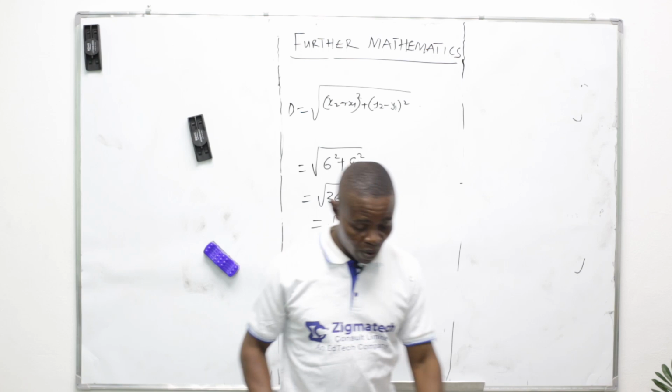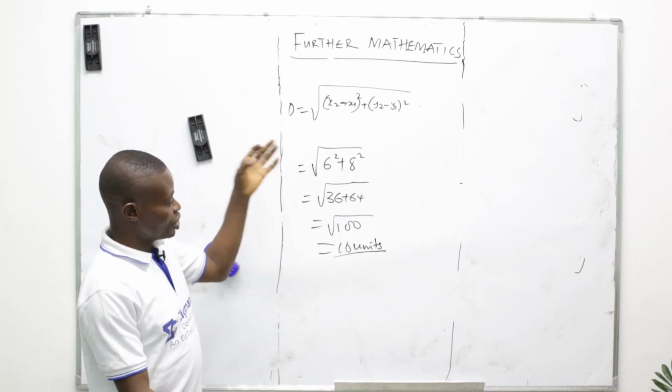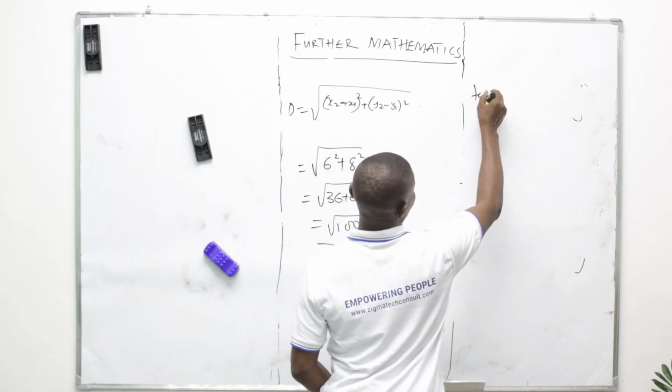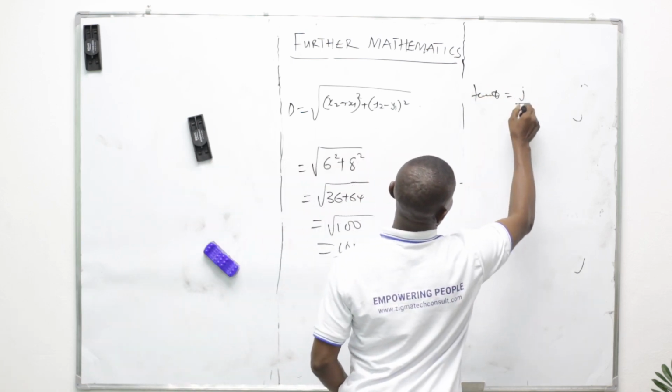As the next part, I want to generate my j and my i. Recall that tan theta equals j all over i.